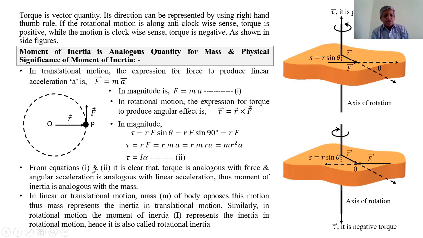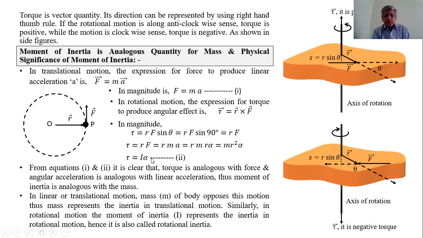From equation first and second, it is clear that torque is analogous with the force and angular acceleration is analogous with the linear acceleration. We have already studied that alpha is analogous with the acceleration.